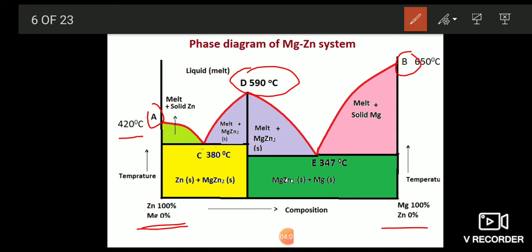The corresponding temperature 590 degrees Celsius is the melting point at which the compound MgZn2 melts without change in composition. And the important parts are curves, which are discussed in the next slides.